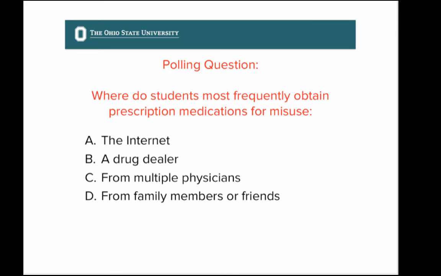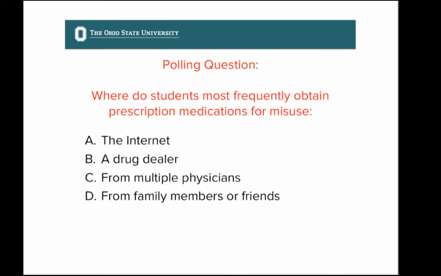This graph shows some information from a recent national survey that shows that more than 50% of non-medical opioids come from a friend or relative, and then another 15% are purchased or stolen from a friend or relative.